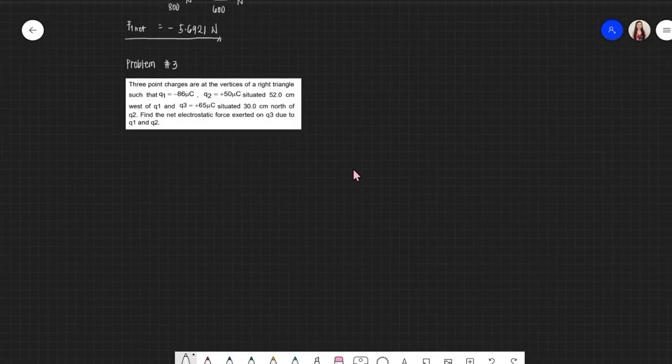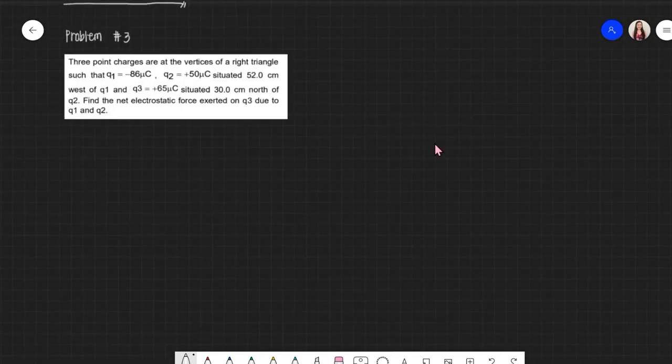So we have 3 point charges, which are at the vertices of a right triangle. So supposing this is Q1 here, Q1, which is negative 86 microcoulombs. Then Q2 is to the west, so meaning here.